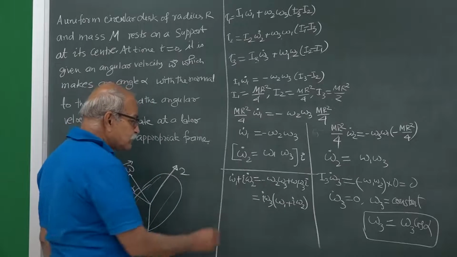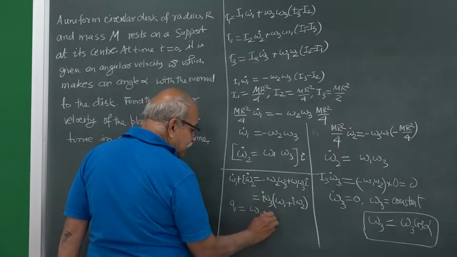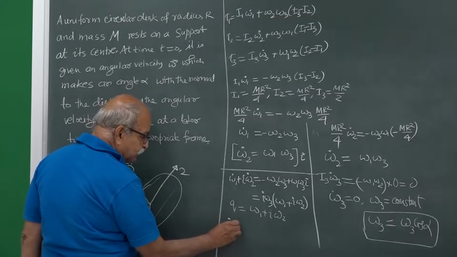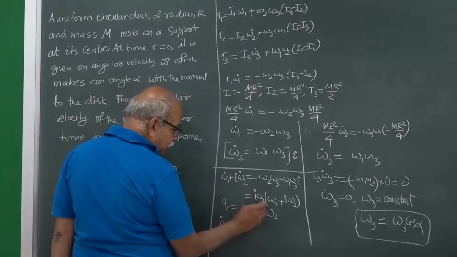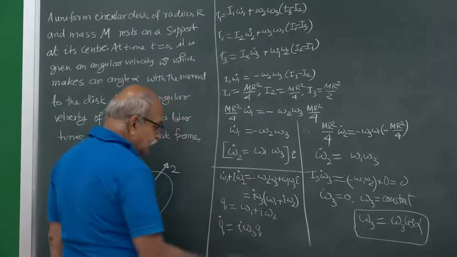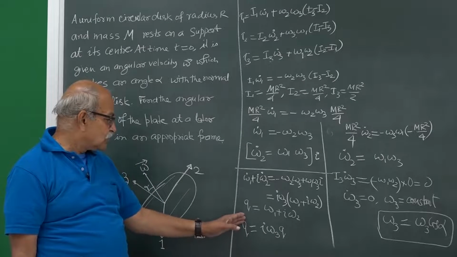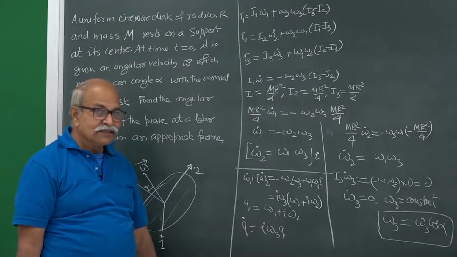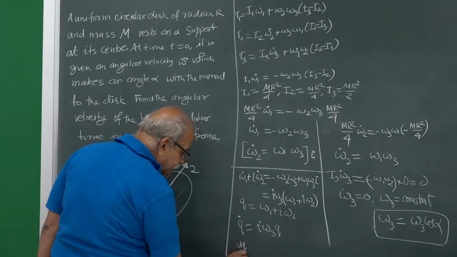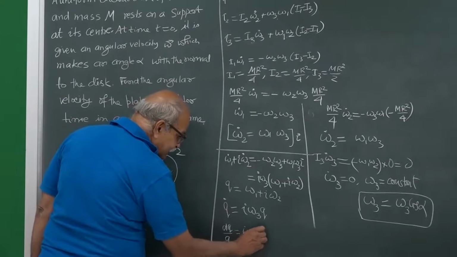So, if I name omega 1 plus i omega 2 as q, this is q dot, and it is equal to i omega 3 times q. So, a quite simple equation: q dot is equal to i omega 3 q, and hence dq divided by q is equal to i omega 3 dt.